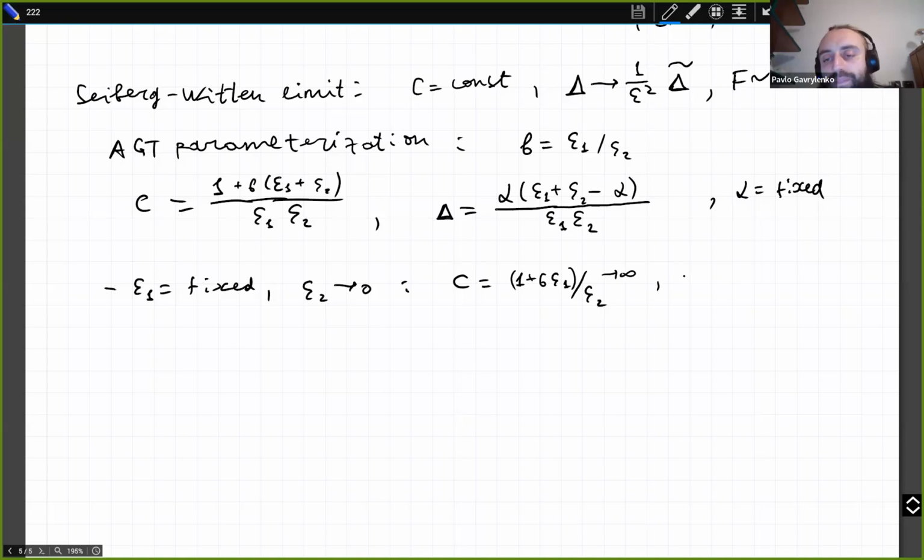And delta will be alpha (epsilon 1 minus alpha). Oh, sorry, it is squared. 6 epsilon 1 squared, epsilon 1 epsilon 2.